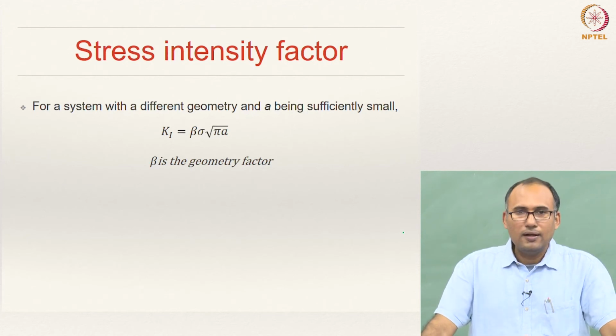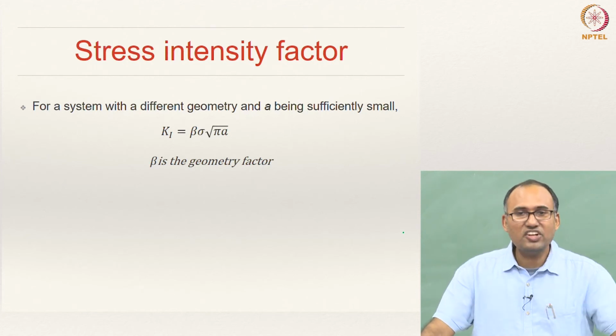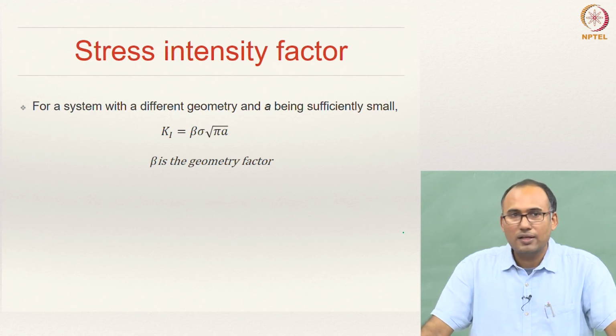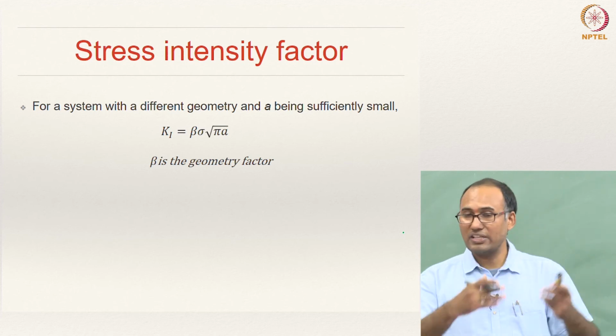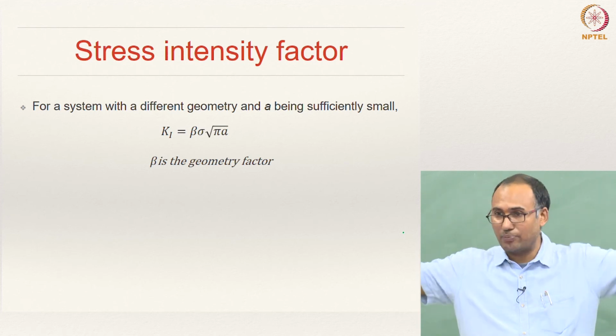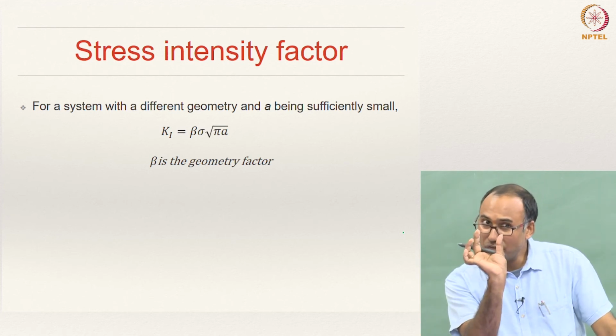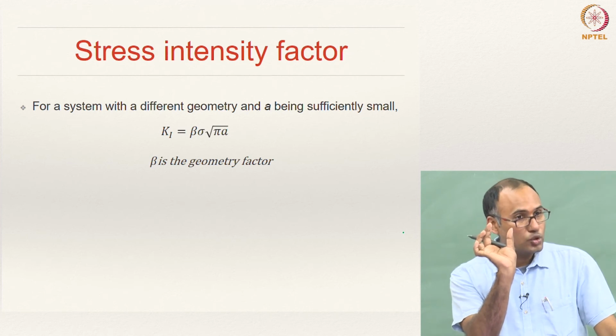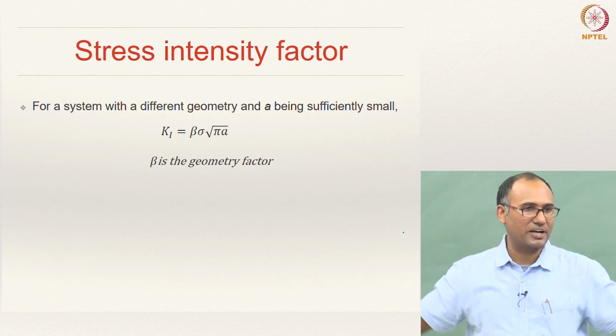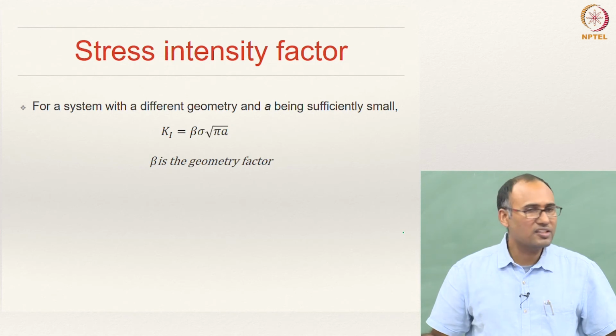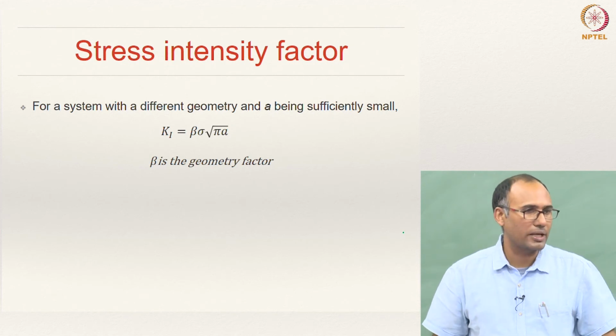However, this stress intensity factor that we have defined strongly depends on the geometry. So the K1, the way that we have defined, is true only for an infinite plate geometry. That means the size of your crack 2A is much smaller than the size of the plate, but you do not necessarily have that sort of condition all the time.